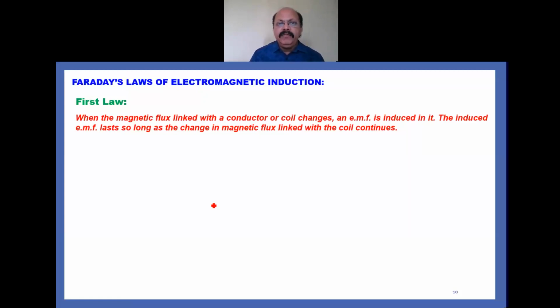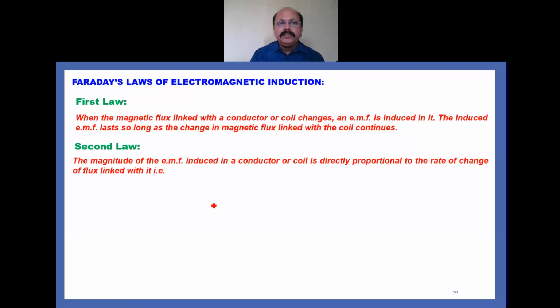That is explained in Faraday's first law. And the second law: according to this law, the magnitude of EMF induced in a conductor or coil is directly proportional to the rate of change of flux linked with it. That is also explained in Faraday's experiment.